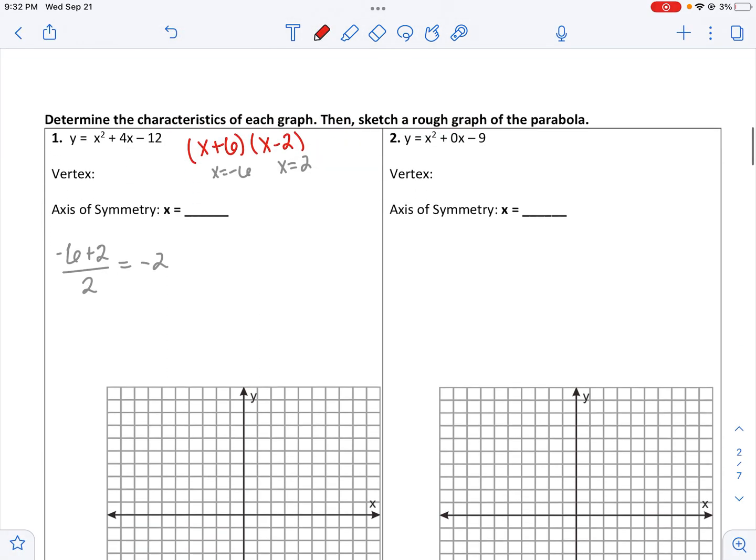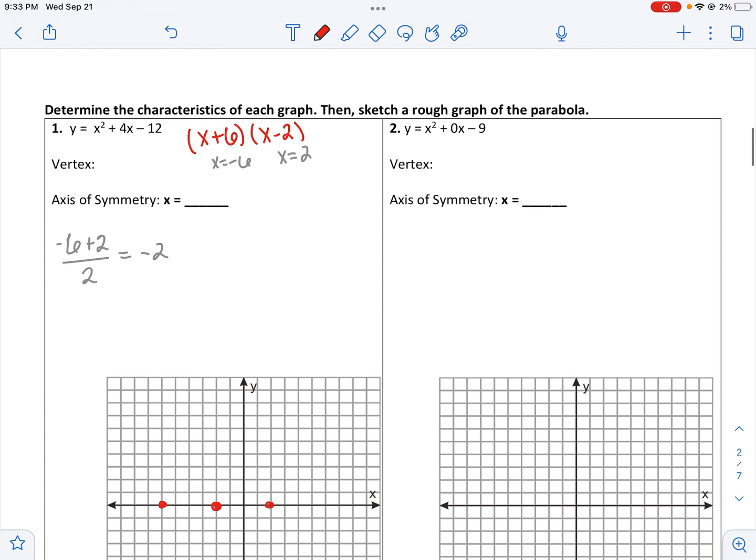All right, let's check that on my graph. Negative 6 and positive 2. Well, there's 8 spaces in between these. So halfway would be 4. 4 is right in the middle. 4 spaces away from either side. And that x value is at negative 2.